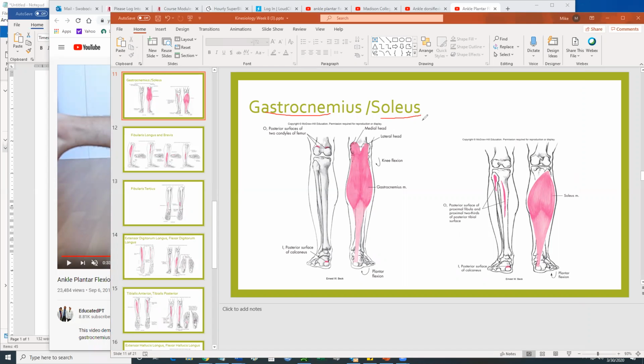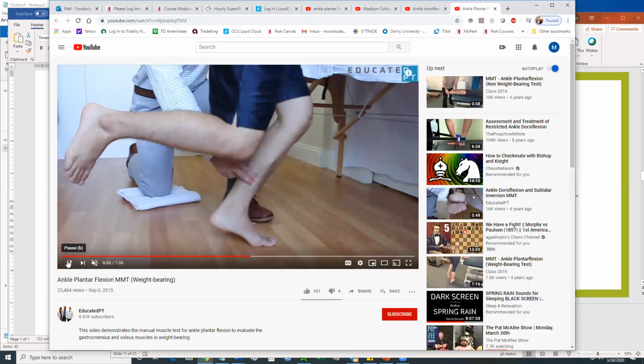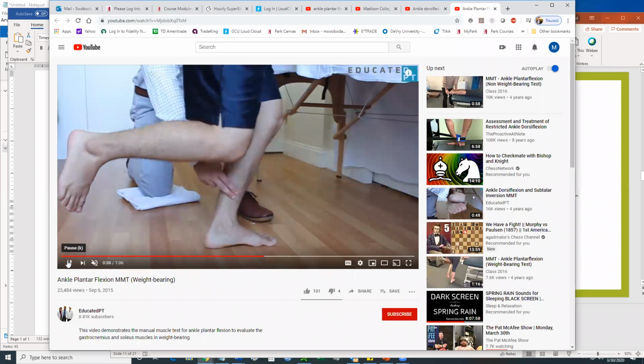Knees bent, you use soleus. But still, both do the same thing, which is plantar flexion.